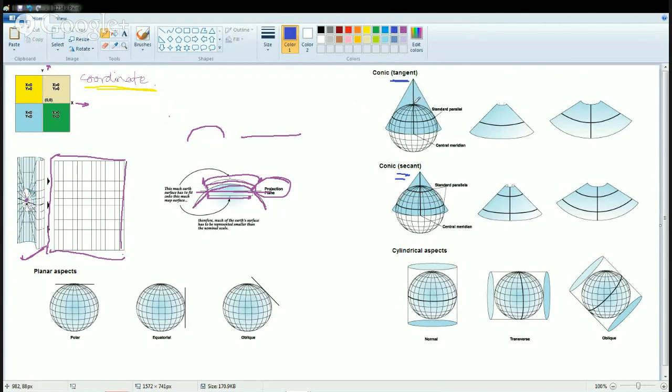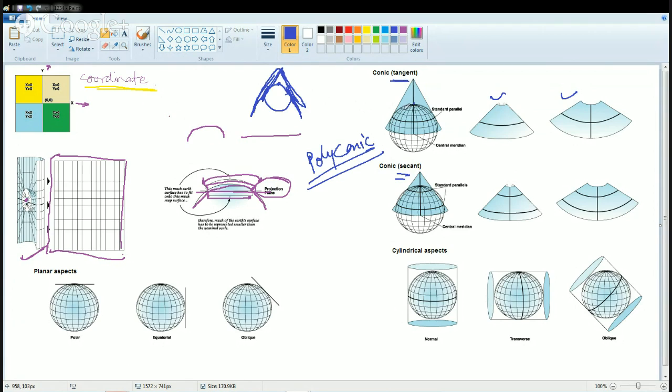Tangent is where you have the circle and it just touches the sides. It's like you are forming a cone which is exactly touching the side of the circle. When you open it out on a piece of paper, the kind of projection you get is similar to this. The best example of conical projection is the polyconic projection.